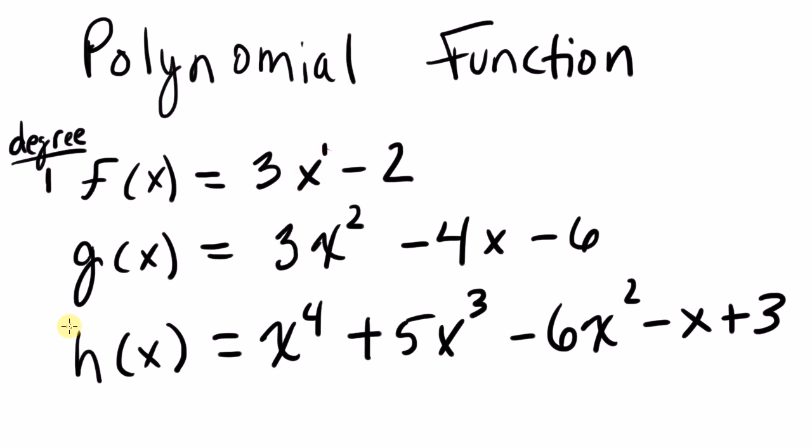So this one has a degree of 1. This one has an x with a degree of 1 and an x with a degree of 2. The 2, I call it the boss. The highest power is going to be the boss. So this is a second degree polynomial, and then this one is going to be a fourth degree polynomial.